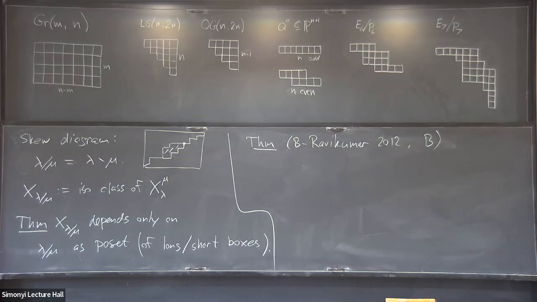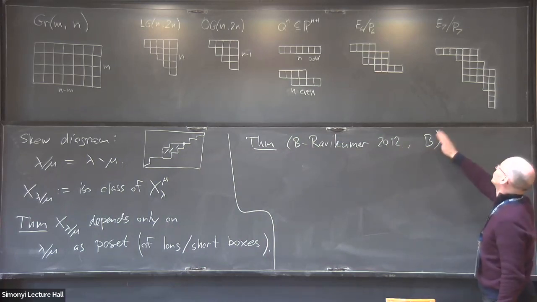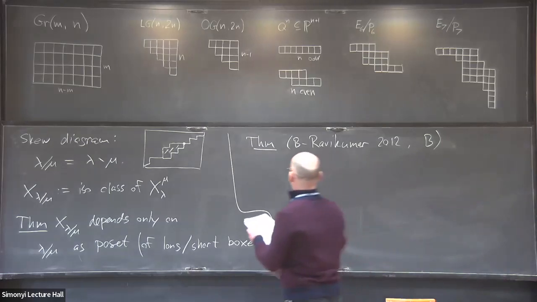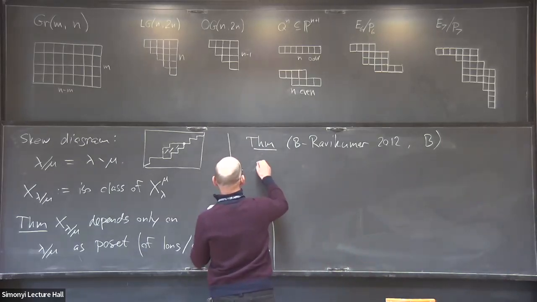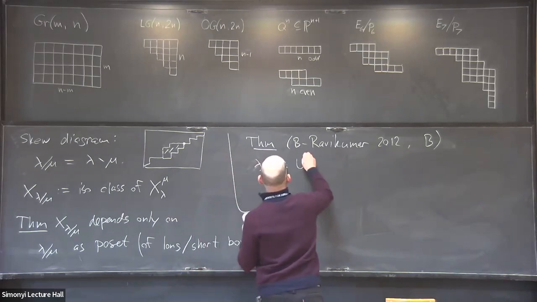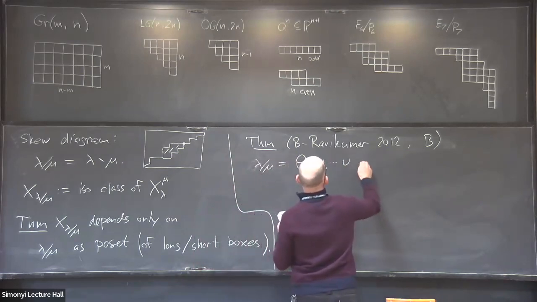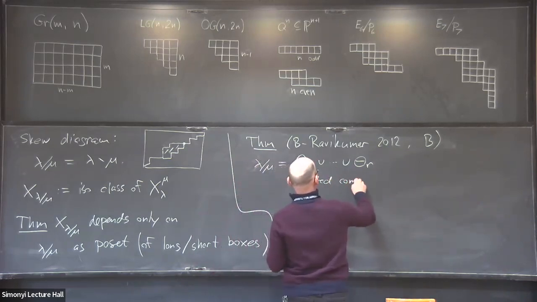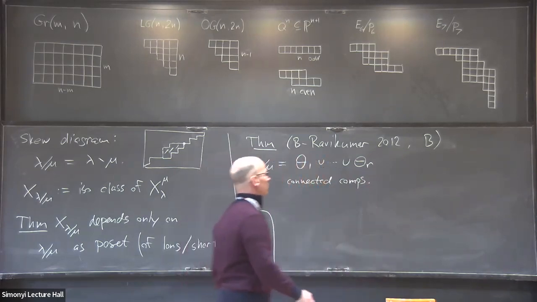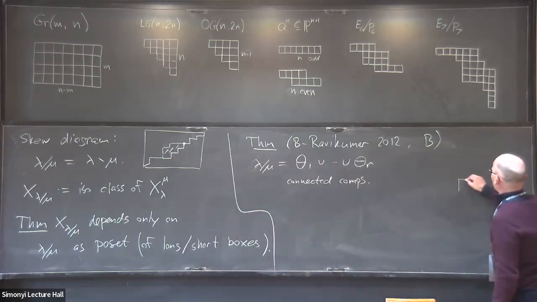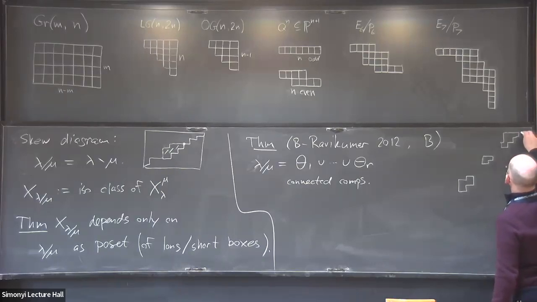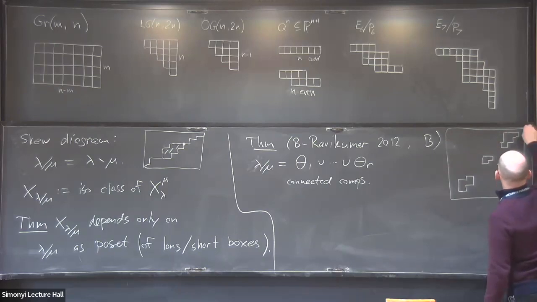And that has a natural generalization to the exceptional cases. It says that if I let this skew diagram be equal to theta 1 union up to theta r, these are the connected components, so we're going to have something like this in a rectangle.